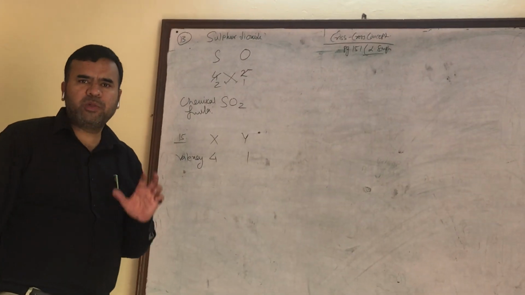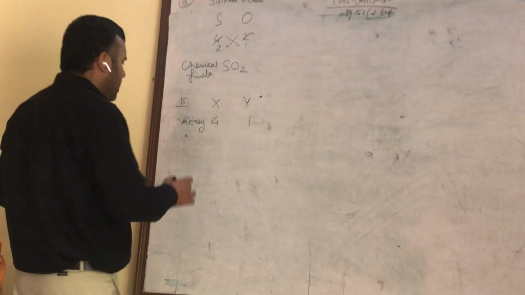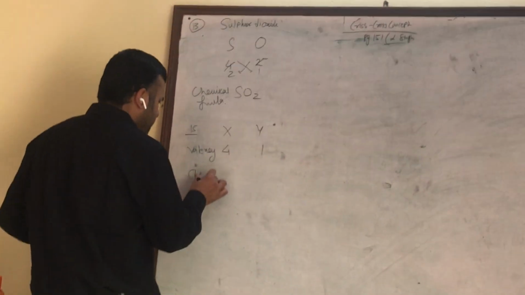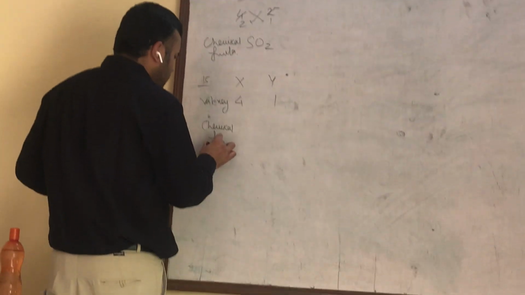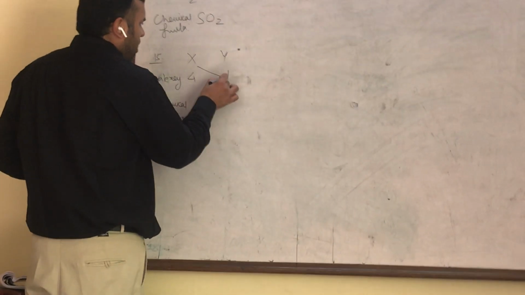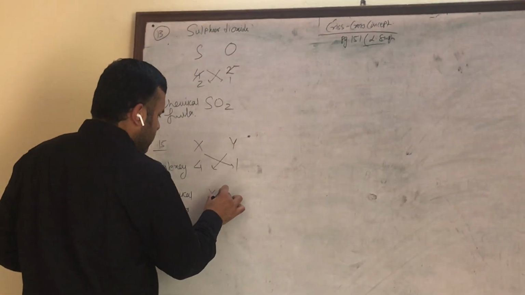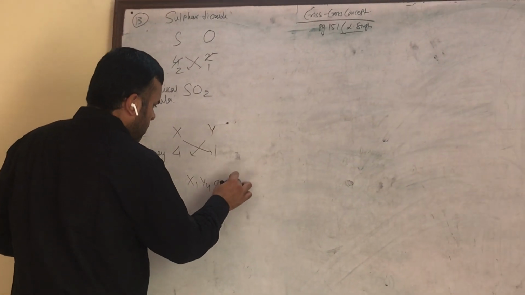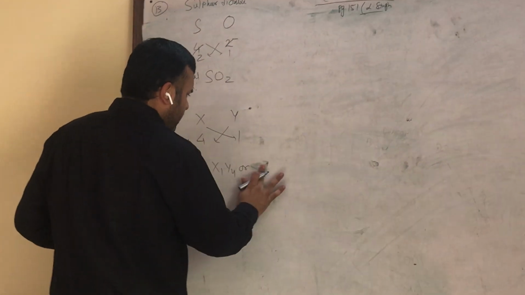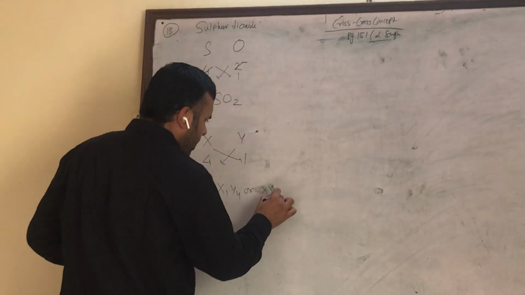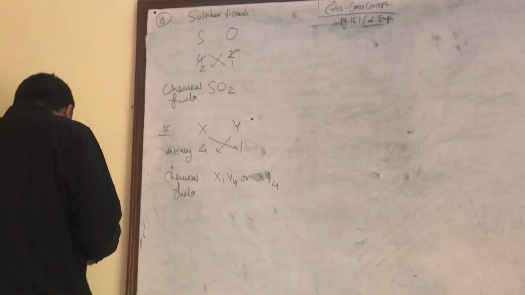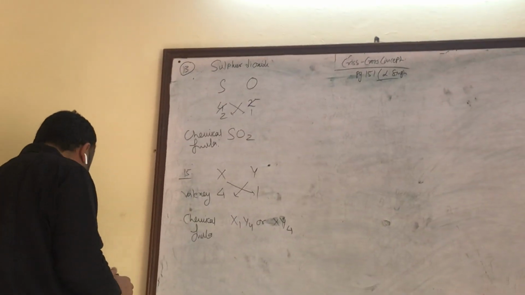You have to tell the chemical formula of the compound formed between X and Y. You can do these questions side by side along with me. Crisscross formula is X1Y4 or simply XY4. Both X and Y are in capital letters. You keep that in mind, right?